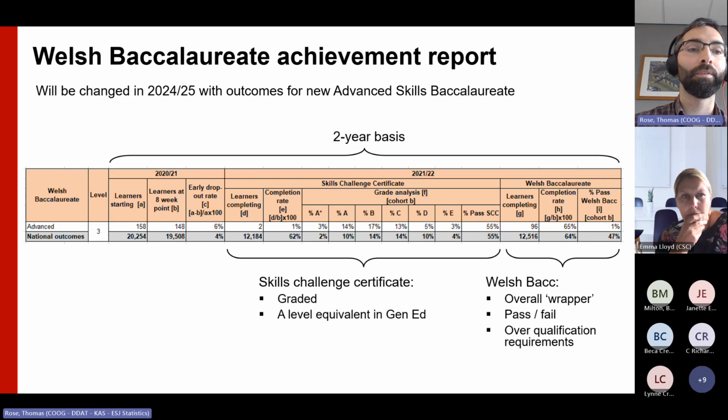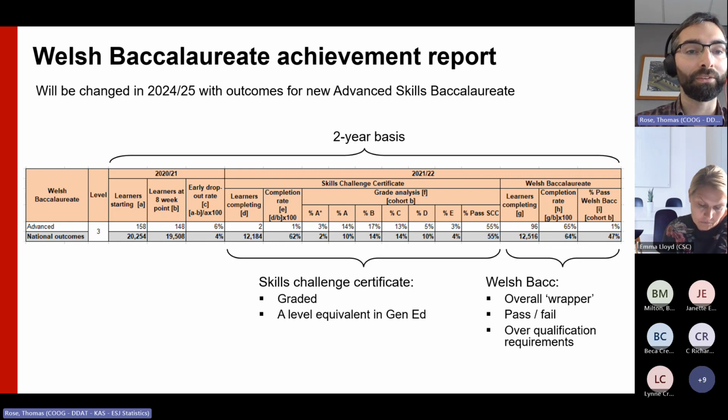Moving on from the vocational, we also have one for the Welsh Bac. This will be changed in future years with the new Advanced Skills Baccalaureate that's being introduced, but for now, it's still a 2-year measure. So learners start in their Welsh Bac in 1 year and then what they achieve in the end.